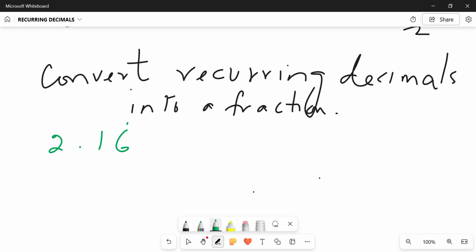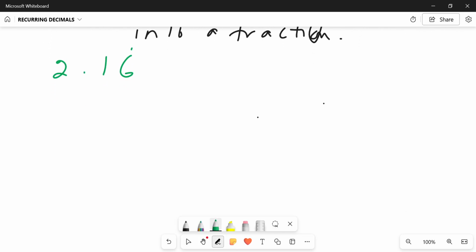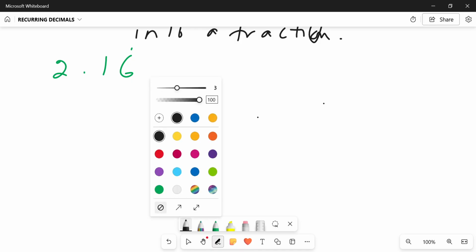So how are you going to find out? There are a few steps that you need to remember here. The first one is that you need to check after the decimal, after how many digits this recurring digit starts. So let me make a box here.